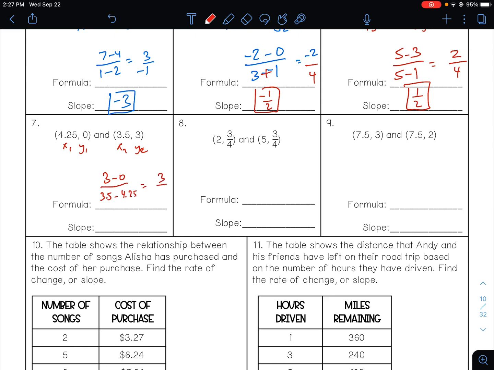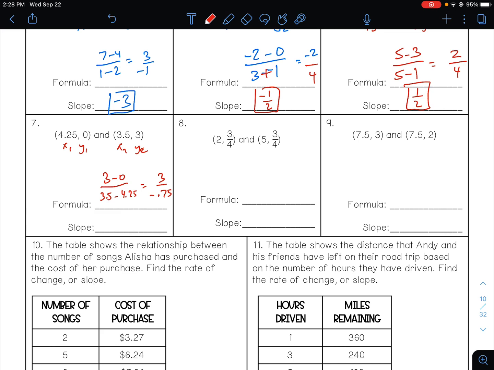That gets me 3.5 minus 4.25, I believe, is negative 0.75, actually. So if I divide that in my calculator, 3 divided by negative 0.75, or 3 divided by negative 3/4.